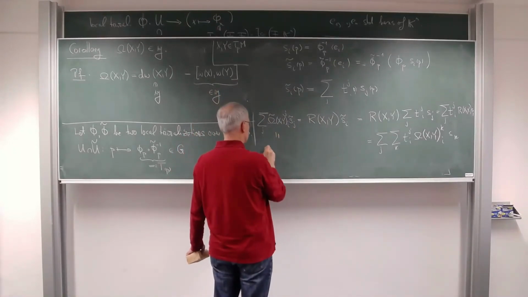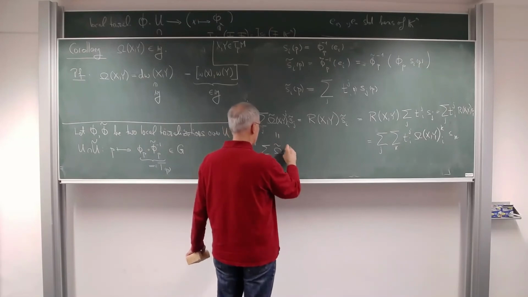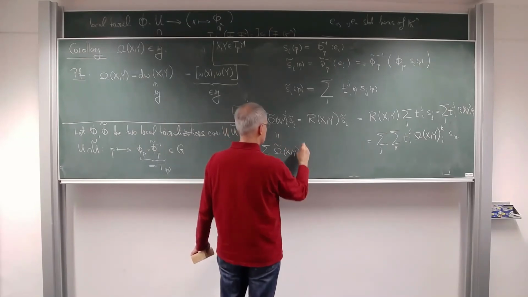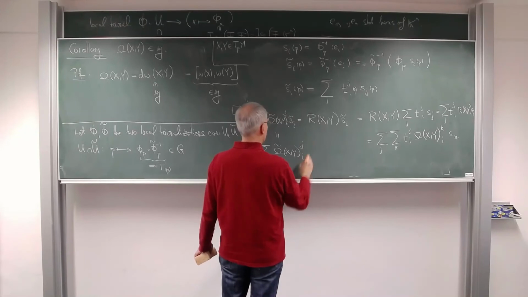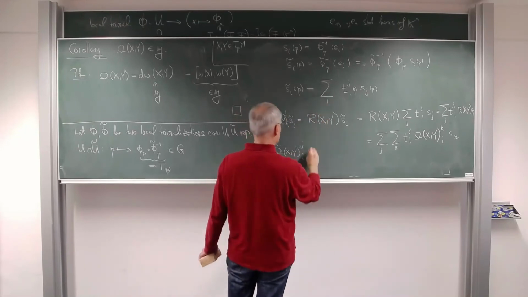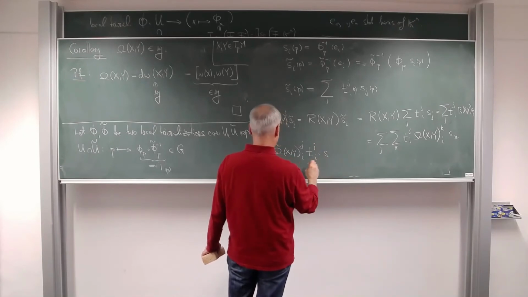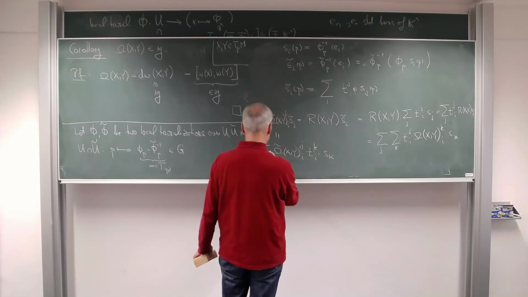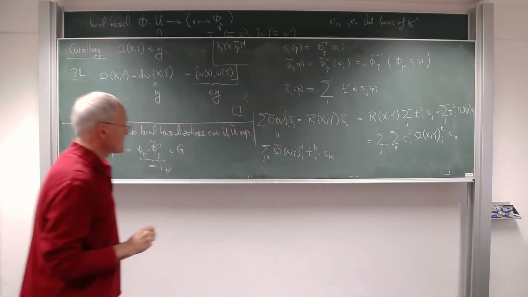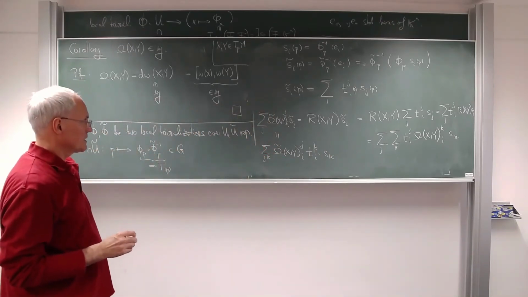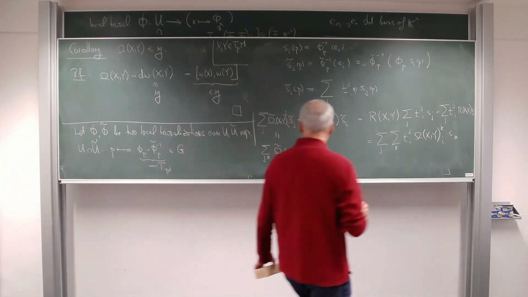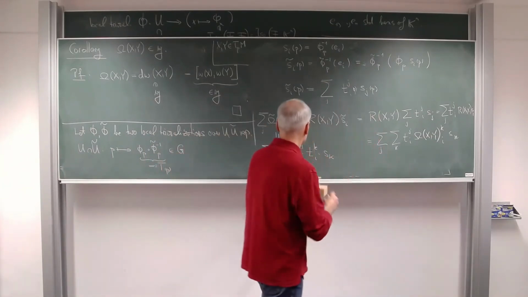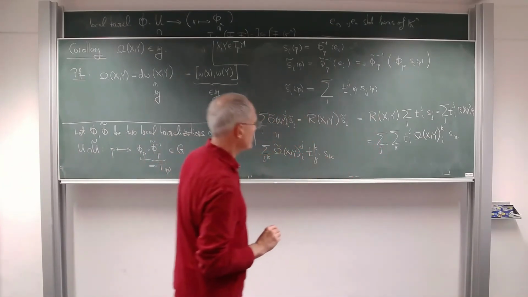So then I would get the sum over j, and it's the second sum, which by this formula is t_ji times s_k. There's some index wrong, that's a j.